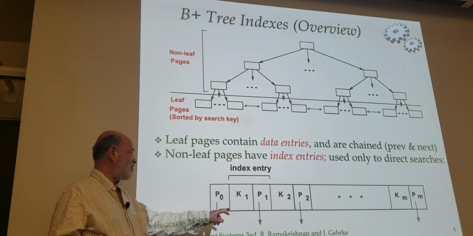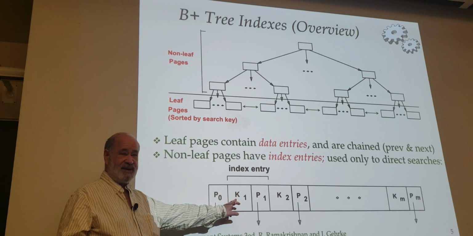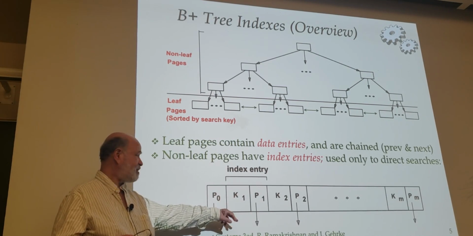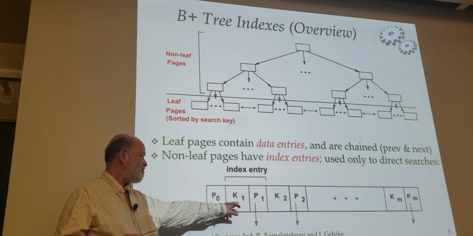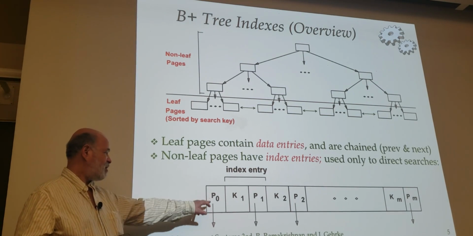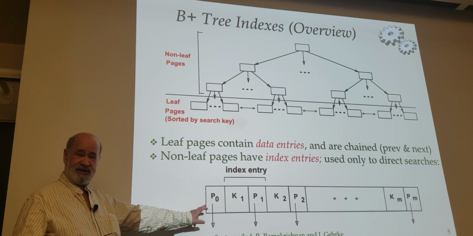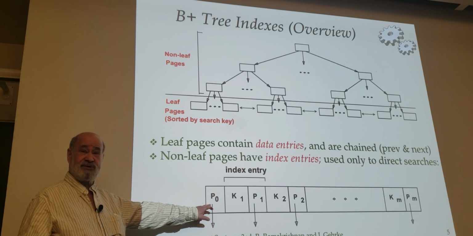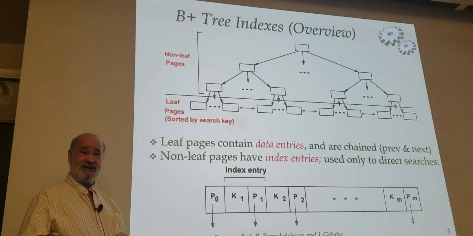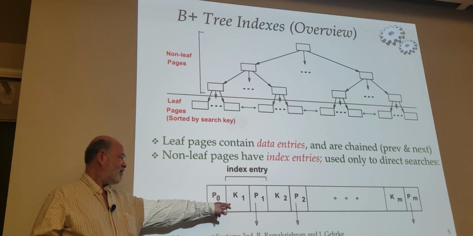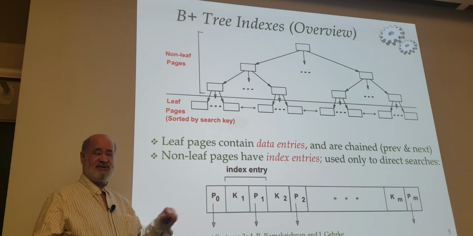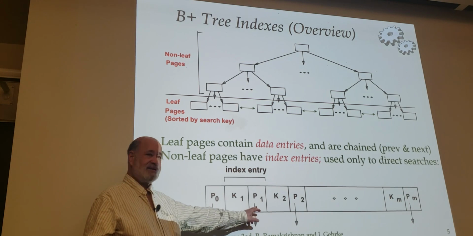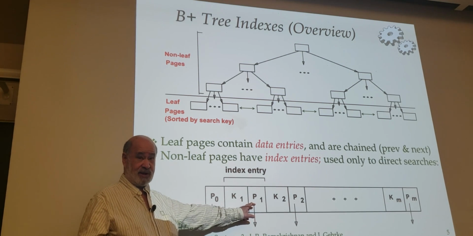Everything that is less than K1, if it's going to be in the tree, I mean, there may be values for which there are no data entries, but if there is going to be something in the tree for a value that's less than K1, you're going to find it by going down to the next level of the tree, which might be leaves or might be more non-leaves, using P0. So the traffic cop says, for things that are less than K1, go to P0. And now here you have something that's not less than K1, so it's greater or equal to K1.